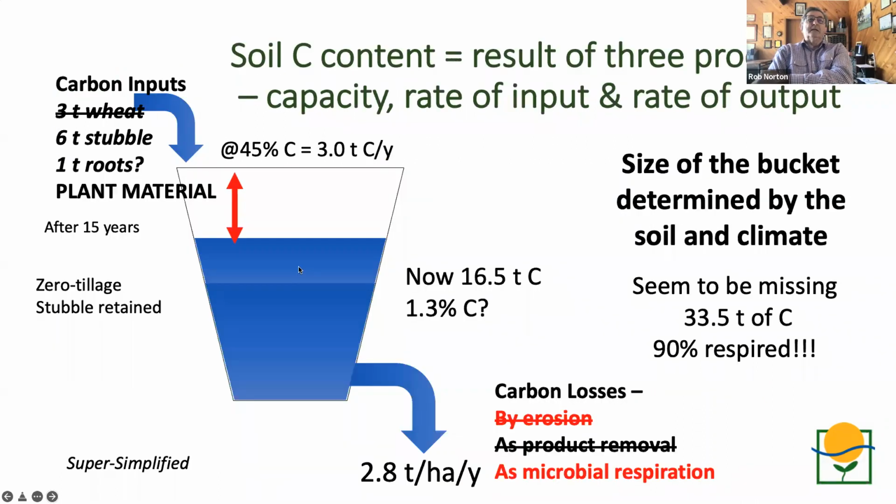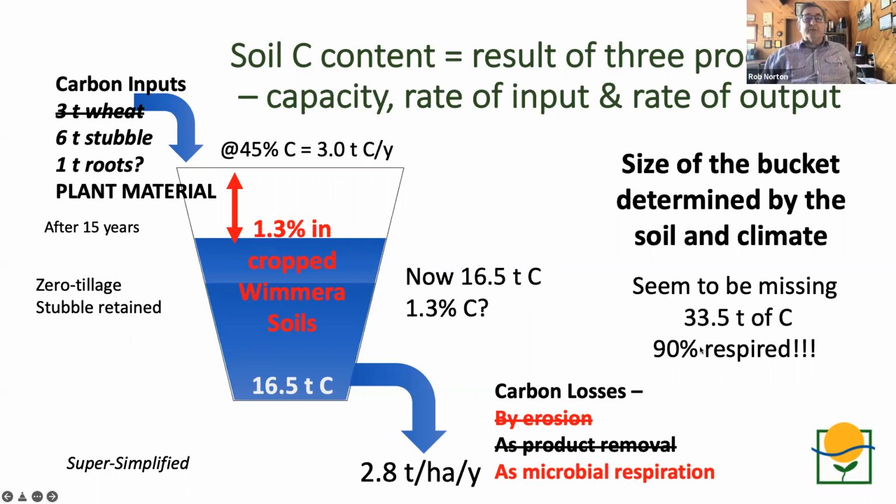So if we go back to that picture, we had 1.1, and we're now at 1.3 in the soil. We're at 16.5. Why aren't we at 3.6? Well, the simple reason is there seems to be 33 tonne of carbon missing.